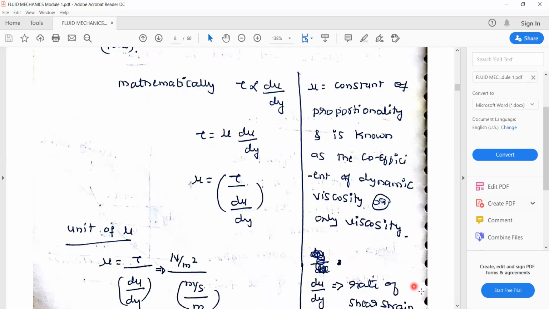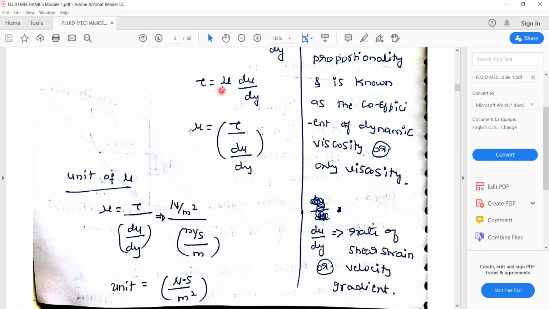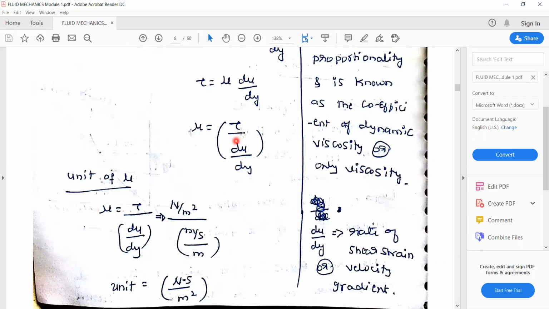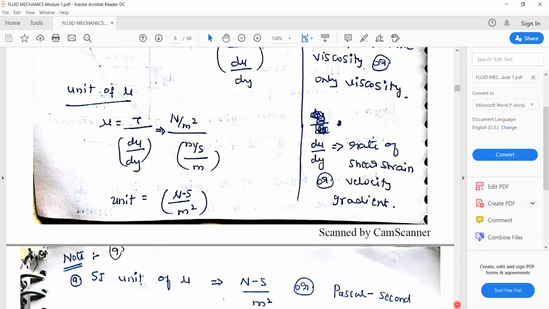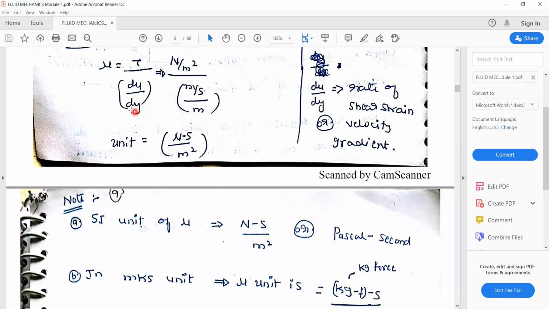Now the unit for mu, which is dynamic viscosity. See what I am writing: mu is equal to tau divided by du by dy. Then write the unit for all the things. The unit of tau is Newton per meter square, the unit of du is meter per second, and the unit of dy is meter.